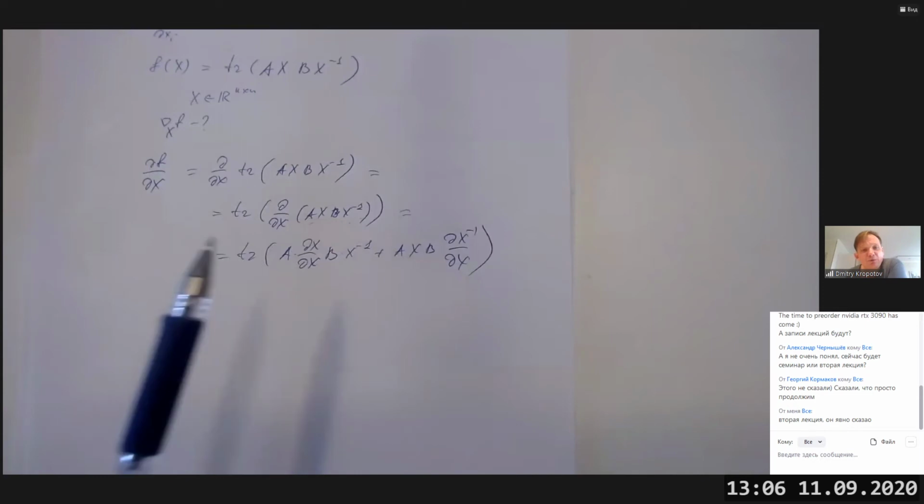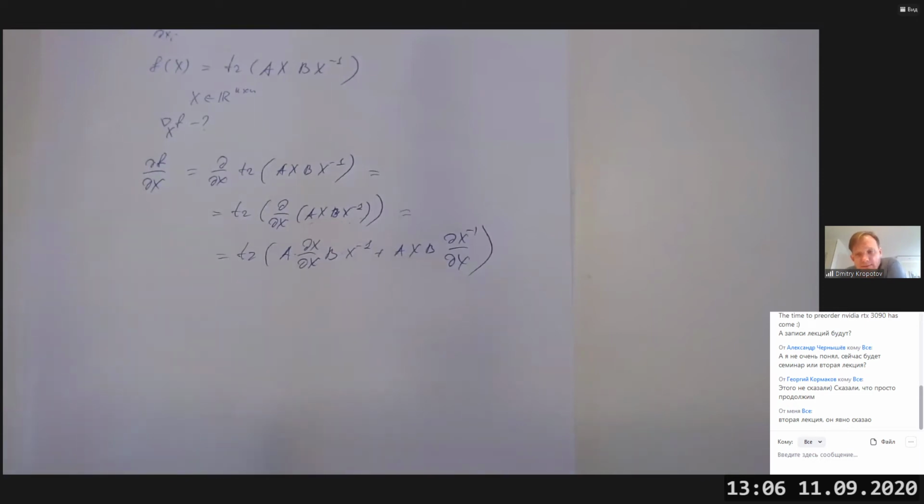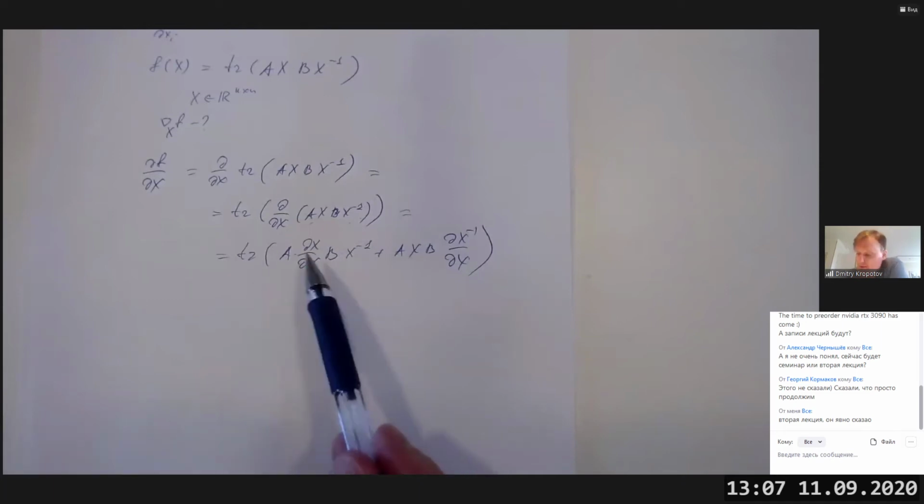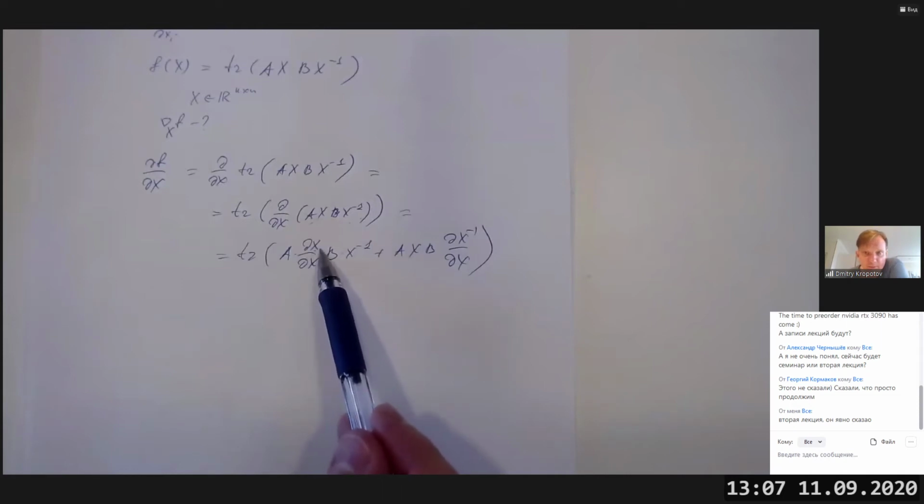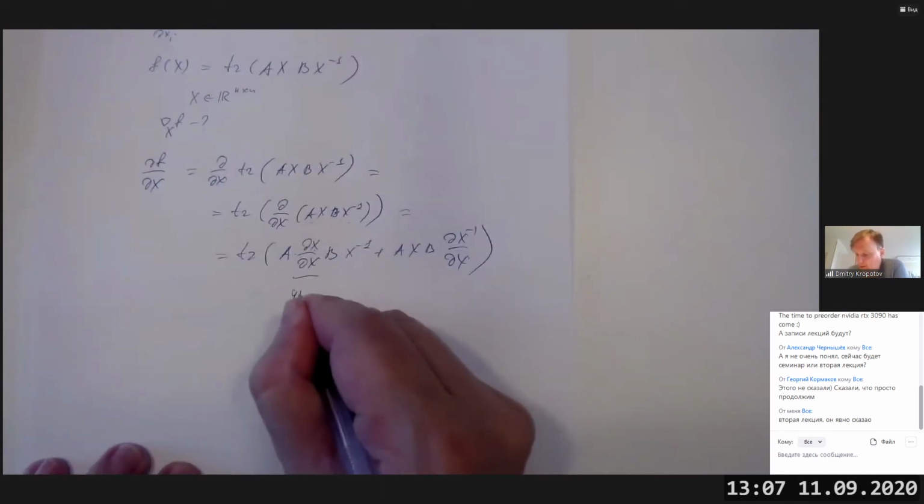However, this would not be... look at this expression, the dx by dx. So what does it mean? Actually, it means a four-dimensional tensor, because here you may consider the partial derivative of every component of matrix X with respect to every component of matrix X. So this is a four-dimensional tensor.